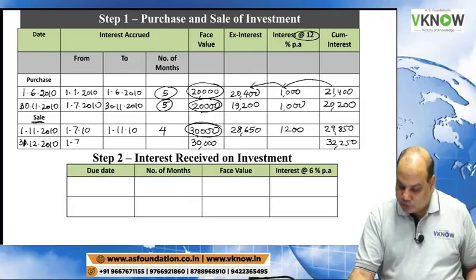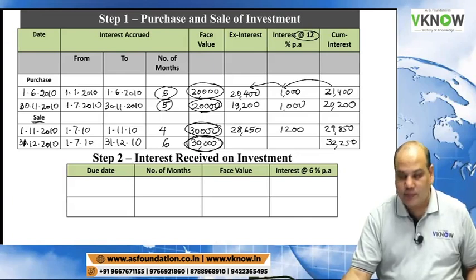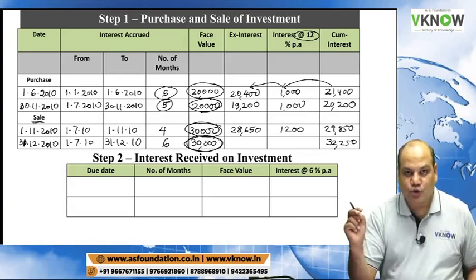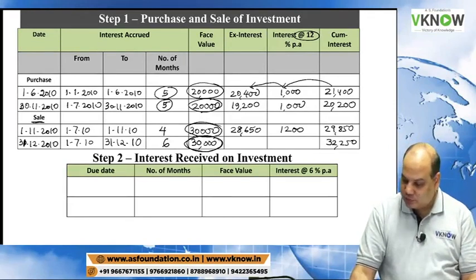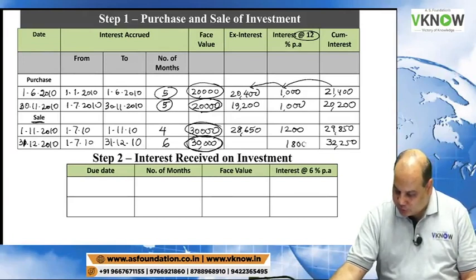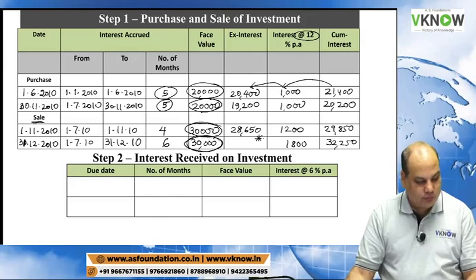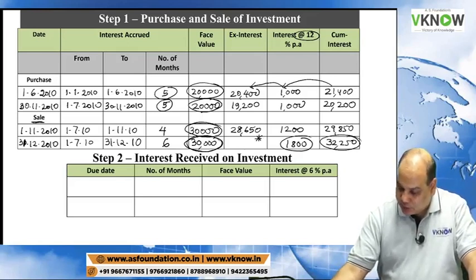Interest will accrue from 1/7/10 to 31/12/10, 6 months. On 30,000 into 12% into 6 by 12, that is 1,800. Do reverse working and tell me the ex interest amount. 32,250 minus 1,800.